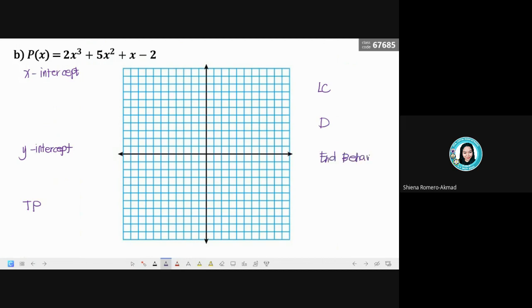So, I think ito mas madali na. Pero bago yan, we have to first identify the zeros. So, for us to identify the zeros, kailangan natin makuha yung given natin. 2x cubed plus 5x squared plus x plus 2. So, kunin muna natin yung zeros niyan.